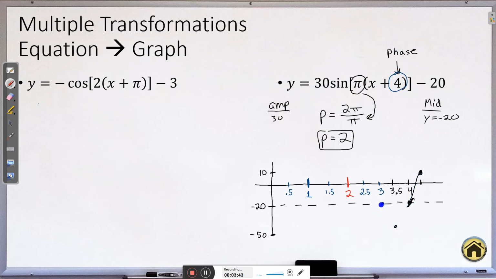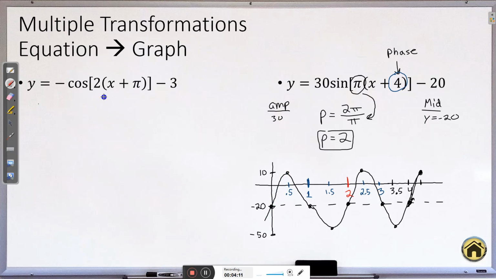At 3, I'll be in the middle. At 2.5, I'll be at the top. 2, I'll be in the middle. Bottom, middle, top, middle. And so now I've got all the points for a full graph. Make it as curved as possible. And there you have it.